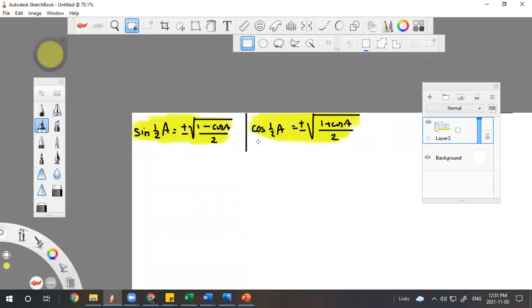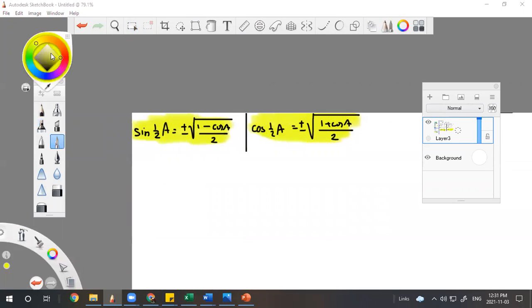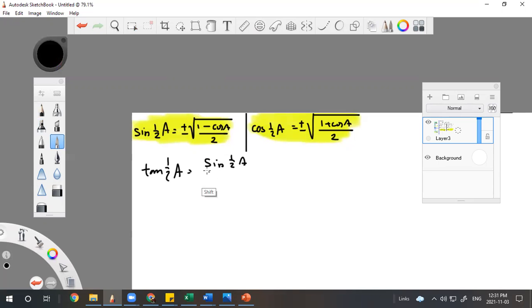Let's try. So how do you make sense of tan half A? You don't have to memorize. Tan half A can be written as sine half A over cos half A, right? And then what is sine half A? This. You don't have to write plus minus, it's troublesome, later on.